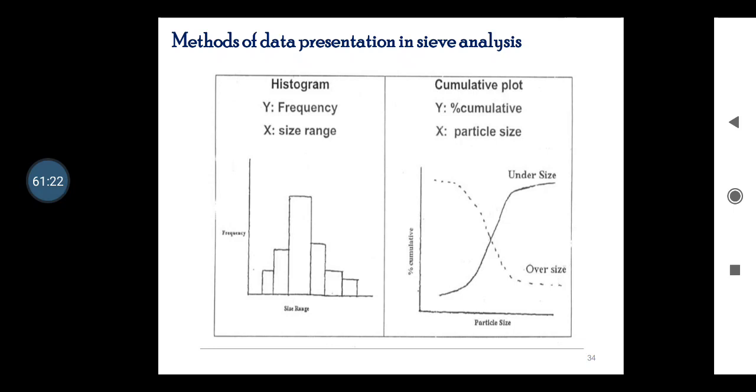But if your particles have some uniformity in particle size diameter, then you can go for plotting a cumulative plot, which represents percent cumulative versus the particle size. The diagram also depicts the significance of the particle size analysis.